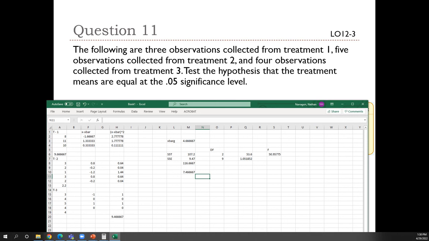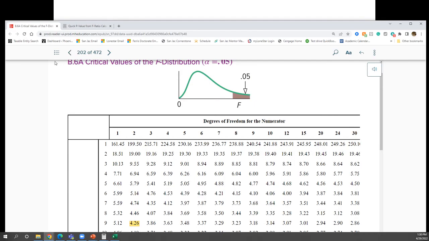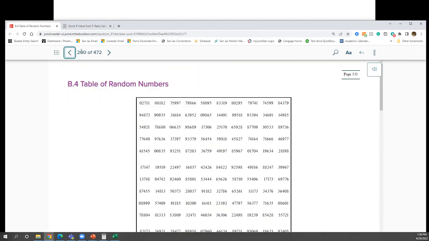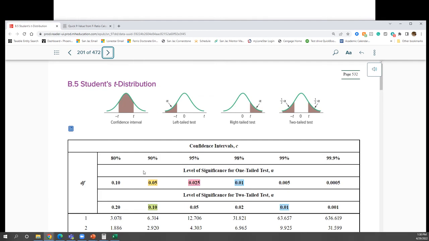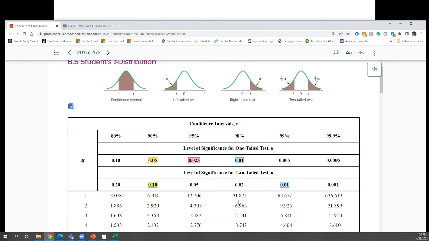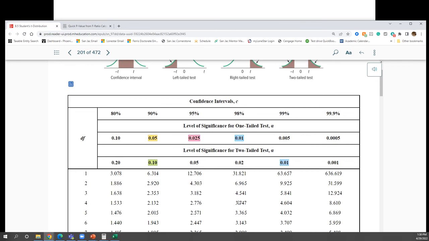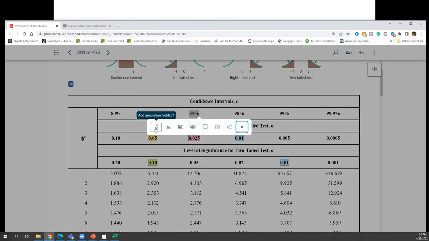So t value. Okay, so since we're dealing with equals, we do know it's a two-tail, but it also has confidence intervals, so we know it's 0.95.